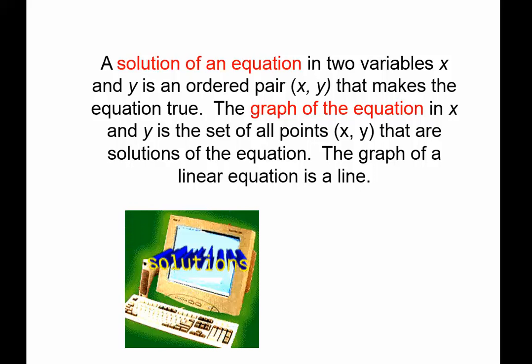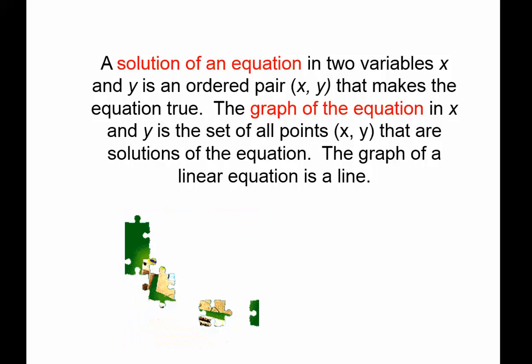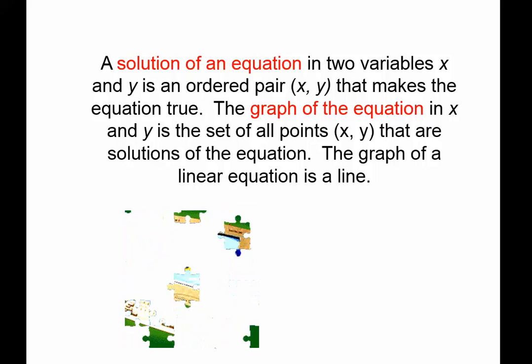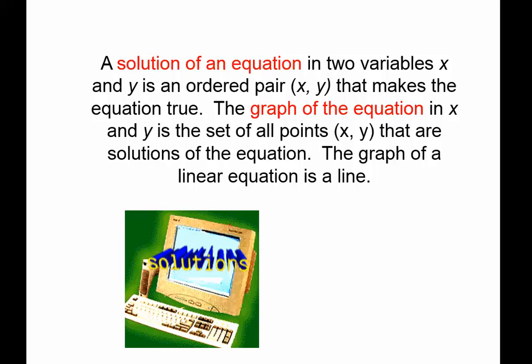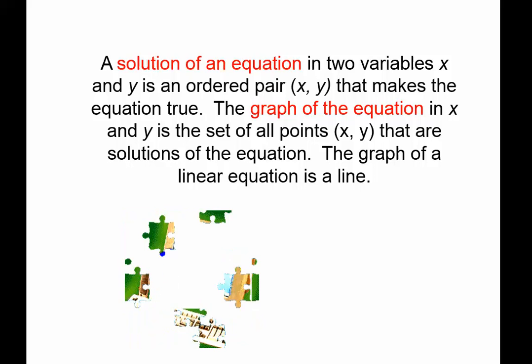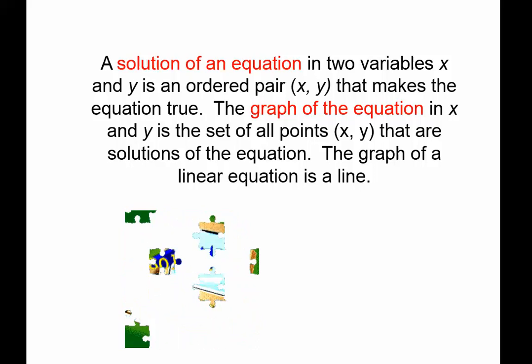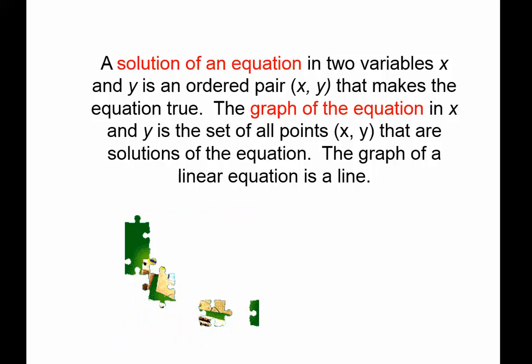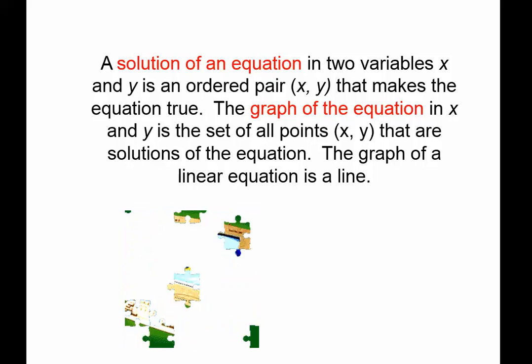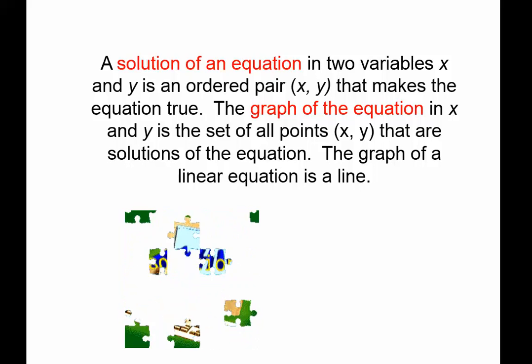It says, a solution of an equation in 2 variables is an ordered pair that makes the equation true. The graph of the equation in x and y is the set of all points that are solutions of the equation. The graph of a linear equation is a line. So in other words, when we graph a linear equation, it will produce a line on the coordinate plane.